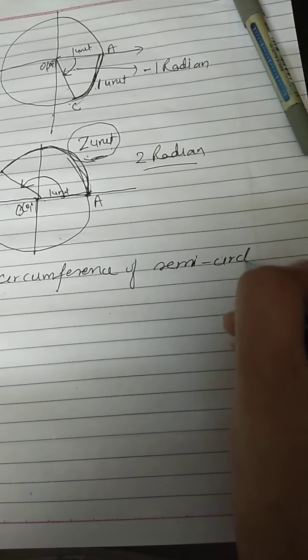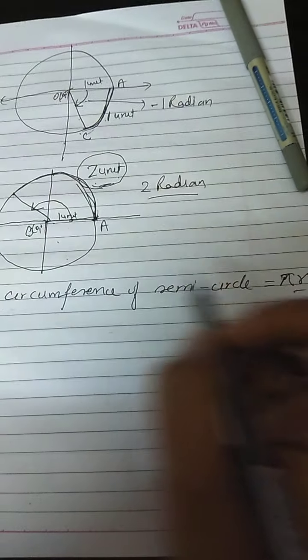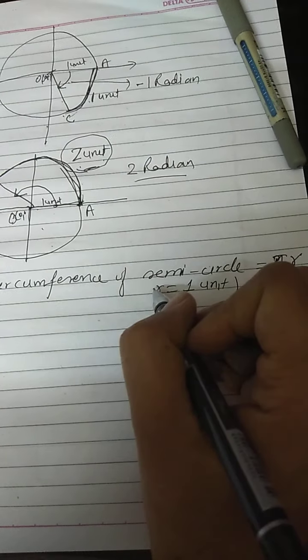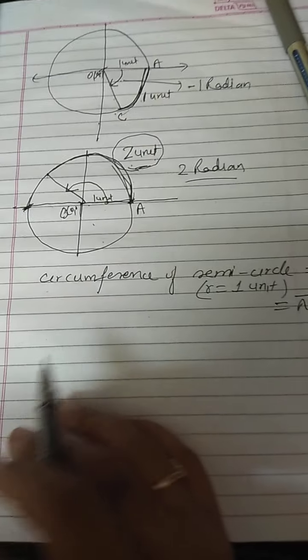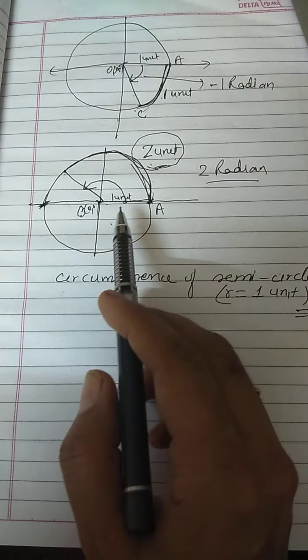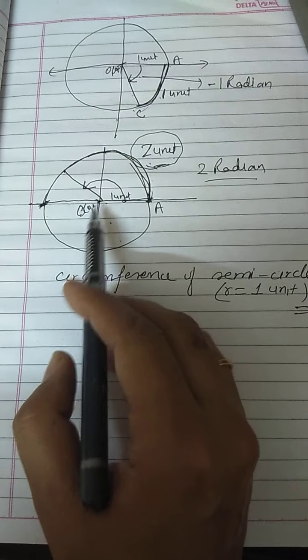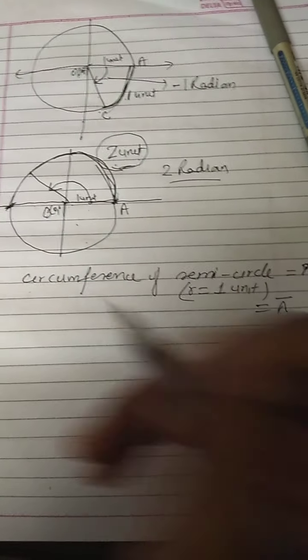What is the formula? Pi r. But here what is the radius? Here the radius is 1 unit in our unit circle, so the circumference will become pi. It means the angle subtended by an arc of length pi at the center of the circle will be equal to pi radians.